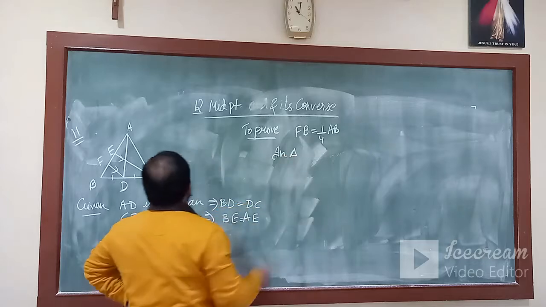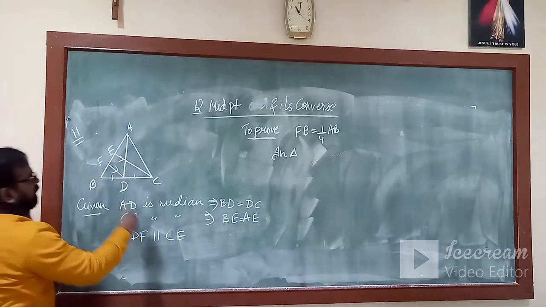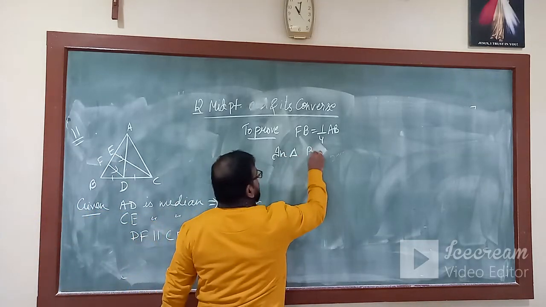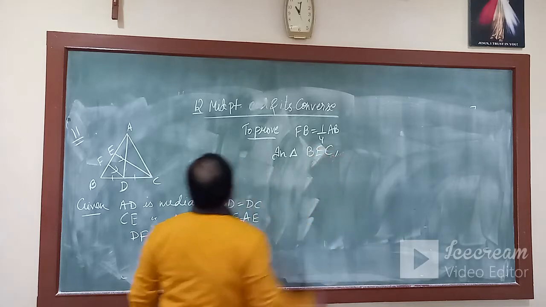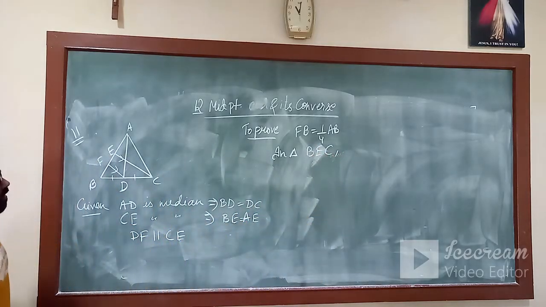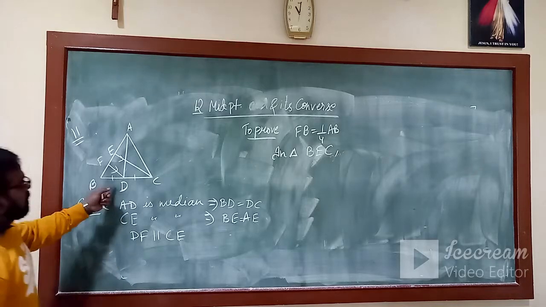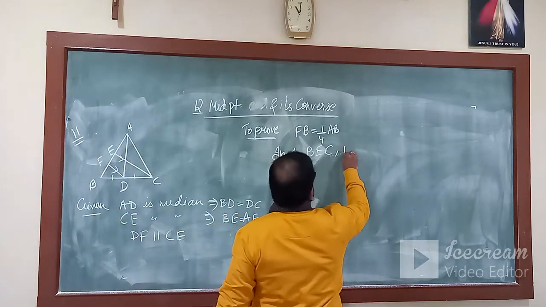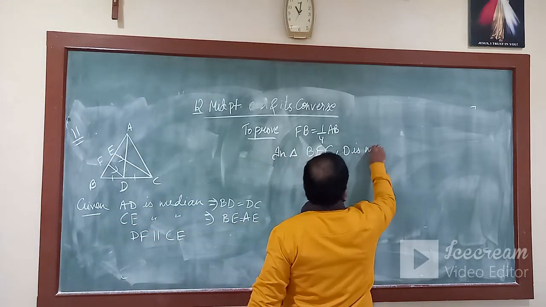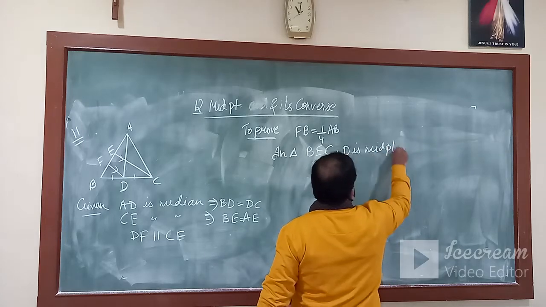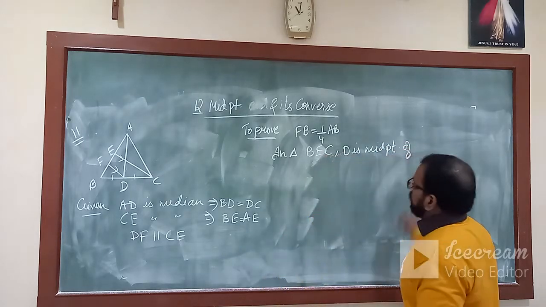in triangle, which triangle? This small triangle we will take BEC. So in triangle BEC what we know? We know that D is midpoint of BC.